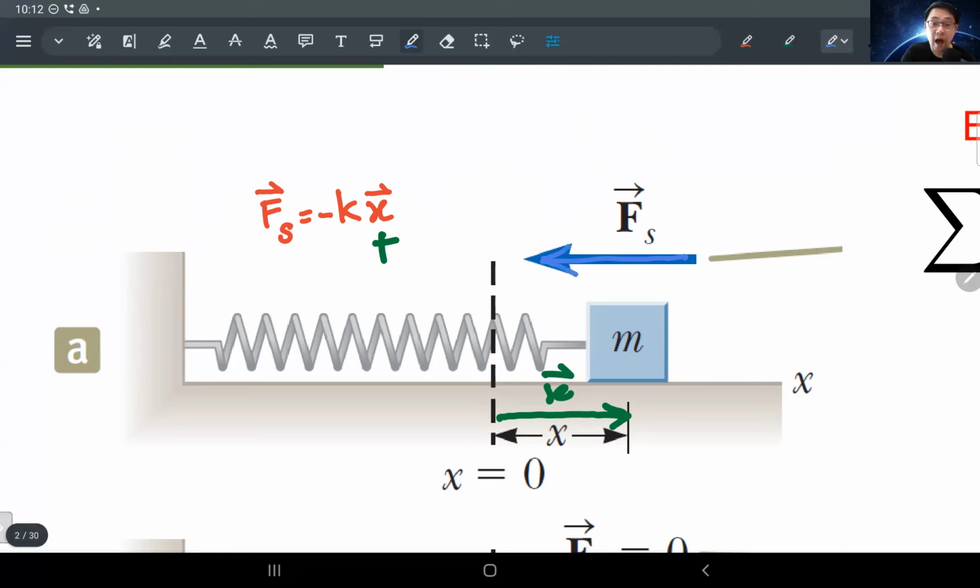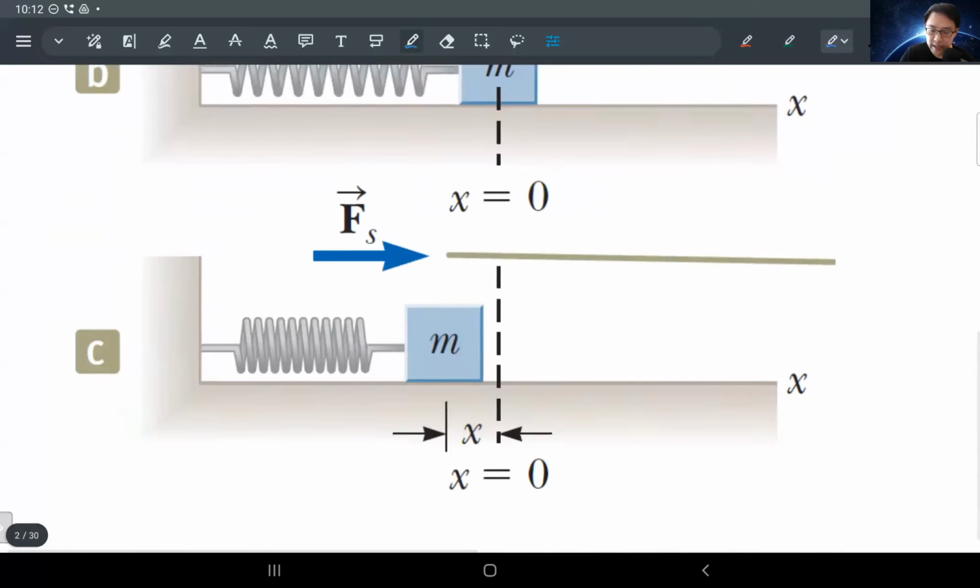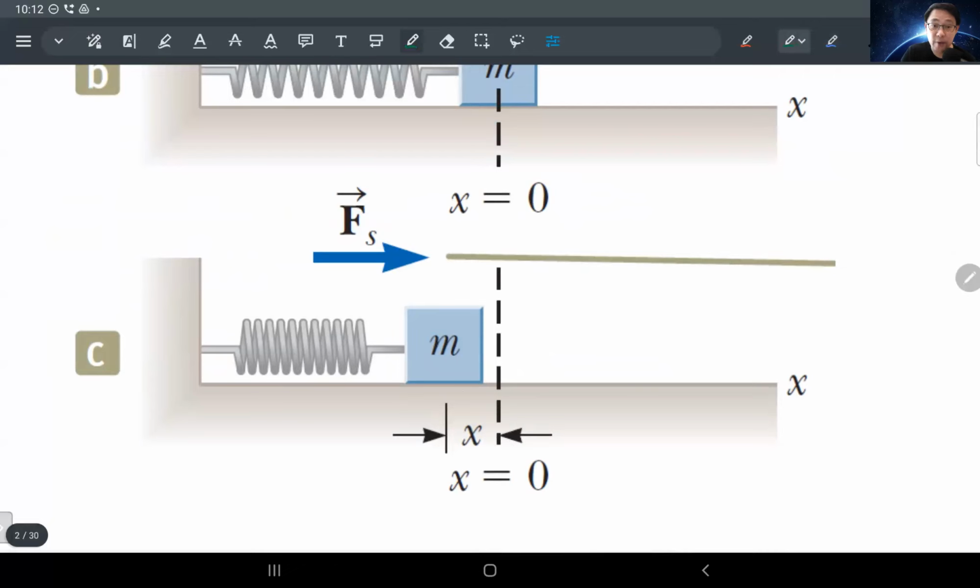So it's going to be in the opposite direction to the green arrow representing the displacement. That's the good thing about having the vector equation. So down here, I can do it one more time. Look at this one. When the spring is being compressed, the displacement vector is going to point to your left. With the equation that has a negative sign in front, your spring force will point to the right.